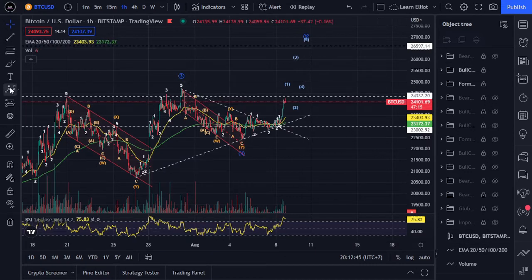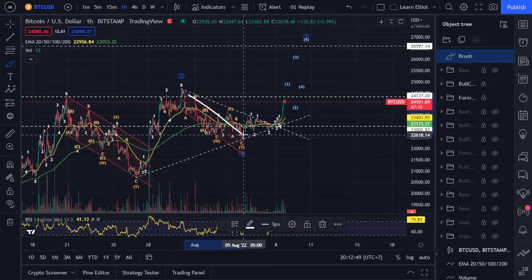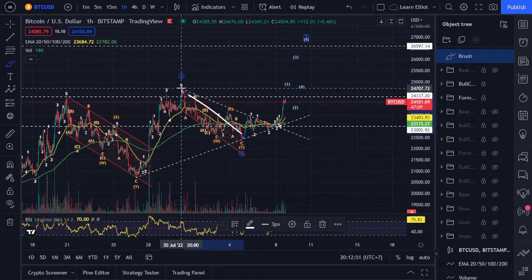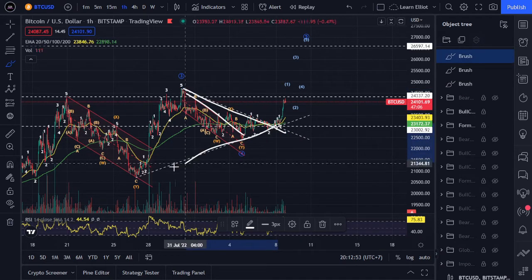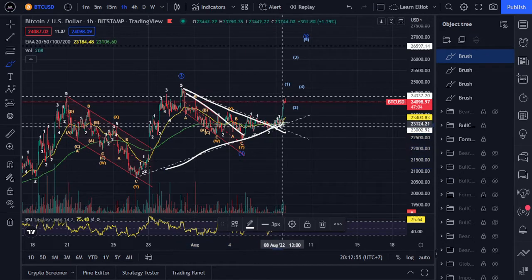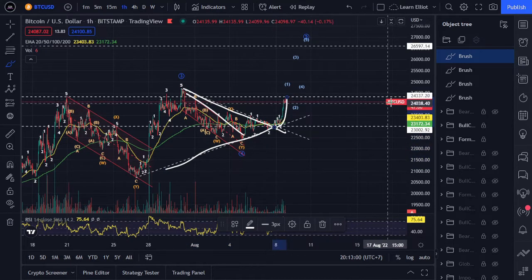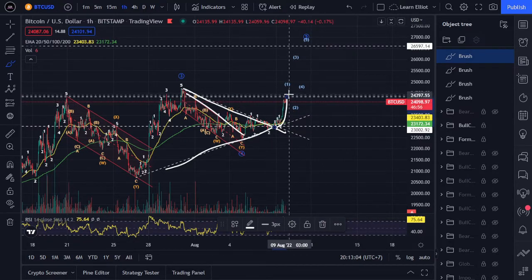Assuming that first the price is breaking out from this parallel channel, and we have this joint channel here, and the price is also breaking out nicely, reaching the resistance around 24,300 here.